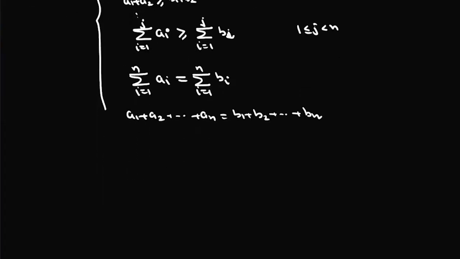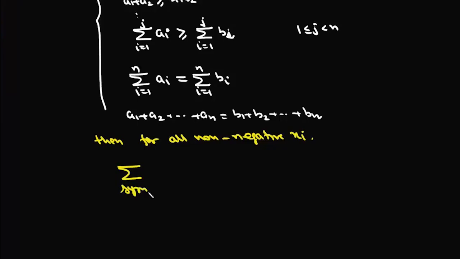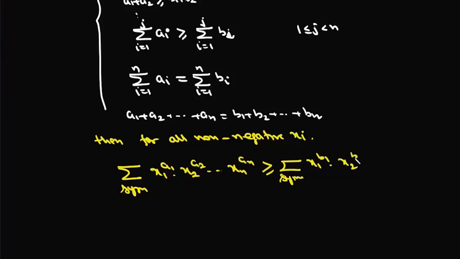Then this Muirhead's inequality says for all non-negative xi, we can write this symmetric sum of x1 to the power a1, x2 to the power a2 up to xn to the power an will always be greater than or equal to the symmetric sum of x1 to the power b1, x2 to the power b2 up to xn to the power bn.